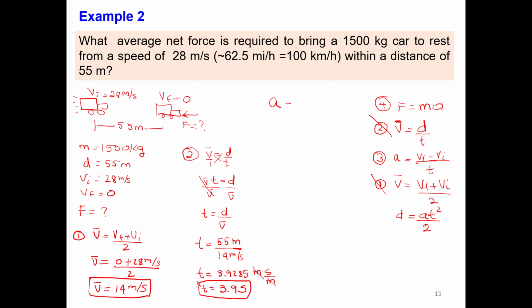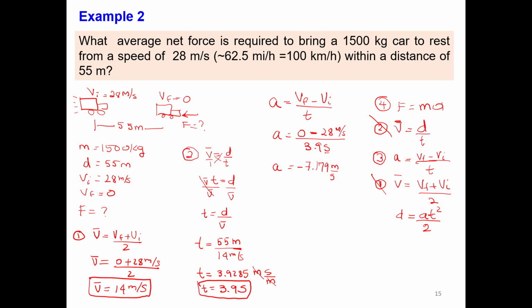And the acceleration equals the change in velocity divided by the time. Final is 0 minus 28 meters per second, divided by the time, which is 3.9 seconds. The acceleration equals negative, because we have here a negative, and this negative indicates the direction of the acceleration, 7.179, and we had meters per second.